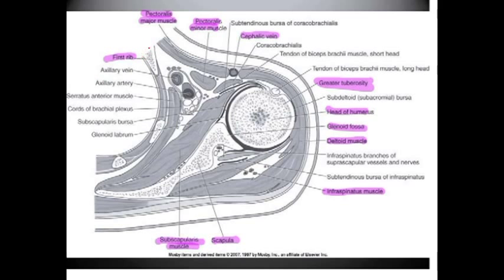So notice we have the ribs coming in. We have the humeral head, the glenoid fossa, the glenoid process.